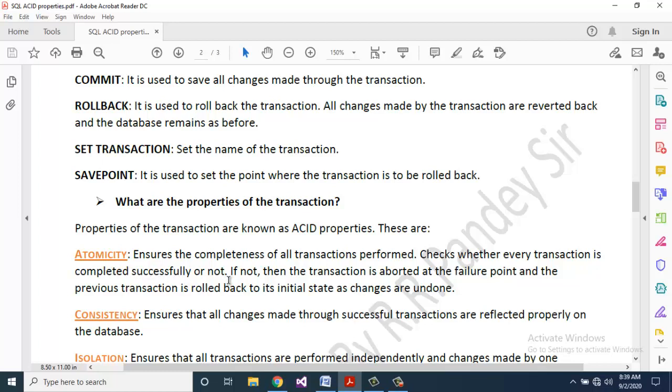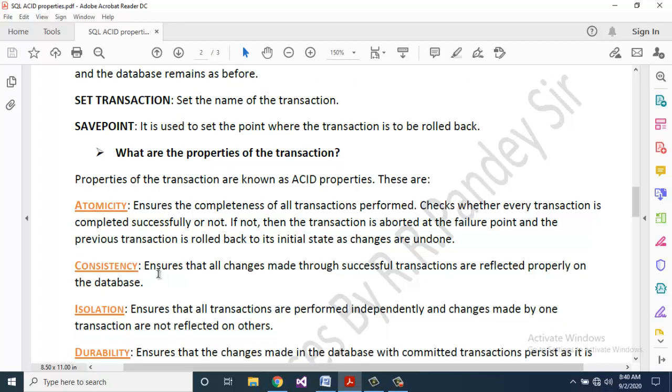If not, then the transaction is aborted at the failure point and the previous transaction is rolled back to its initial state as changes are undone.